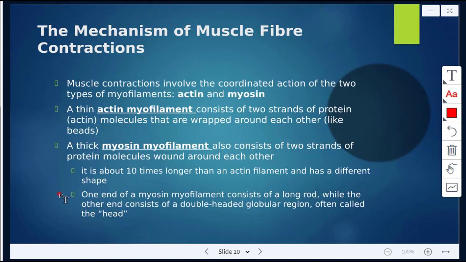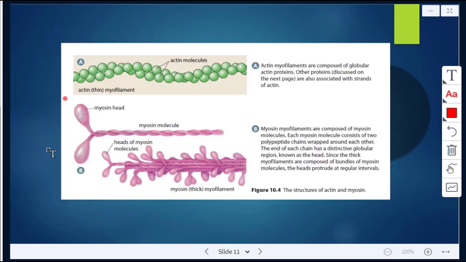One end of a myosin myofilament consists of a long rod. The other end consists of a double-headed globular region. It's called the head. So if we look here, this is the myosin molecule. It's wound around, and there's the myosin heads here and here. All together like this, it's the myosin, the thick myofilament. Just again, the actin myofilament is the thin one, composed of globular actin proteins.